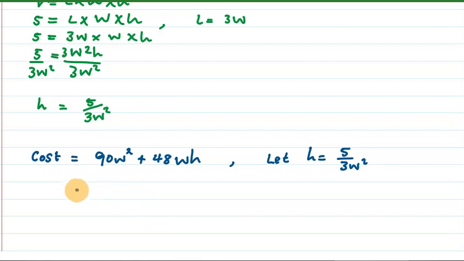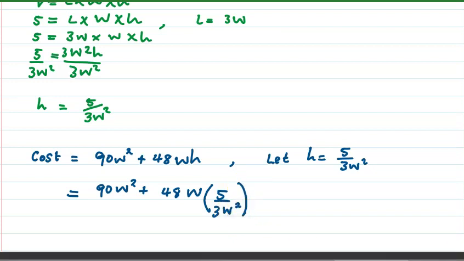Meaning here we'll end up with 90W squared plus 48W, and where I see H, I can replace it with 5 over 3W squared.